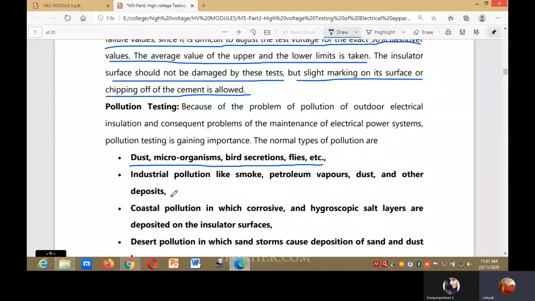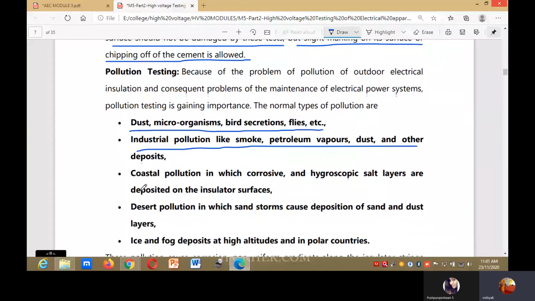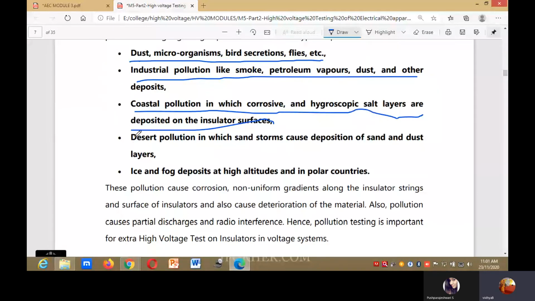Industrial pollution like smoke, petroleum vapors, dust, and other deposits. Coastal pollution in which corrosive hygroscopic salt layers are deposited on the insulator surface. On the insulator surface, there should be a clean surface, otherwise losses will occur.